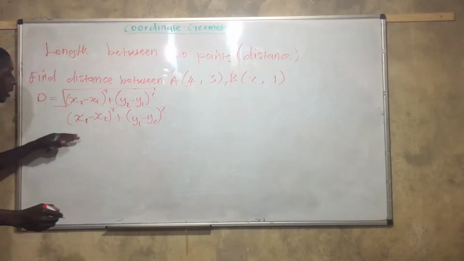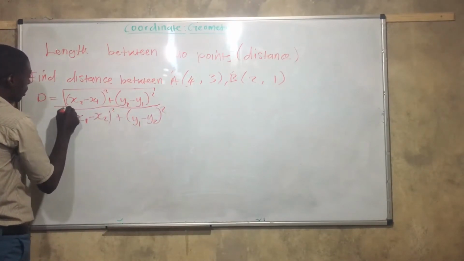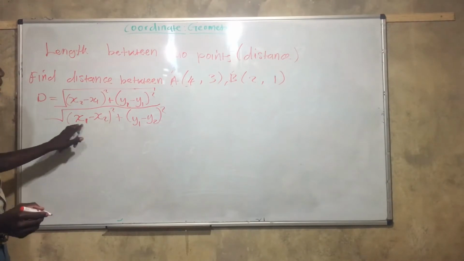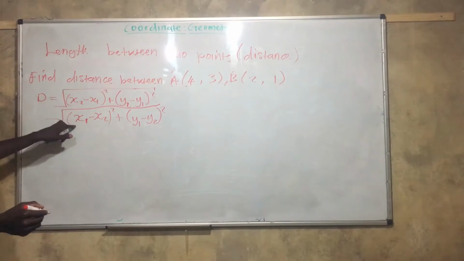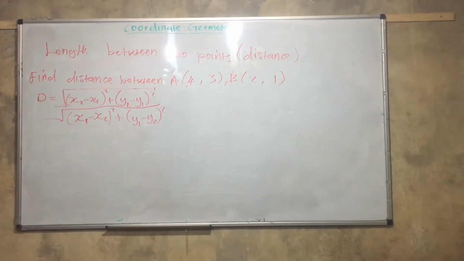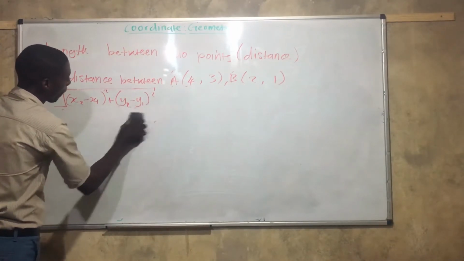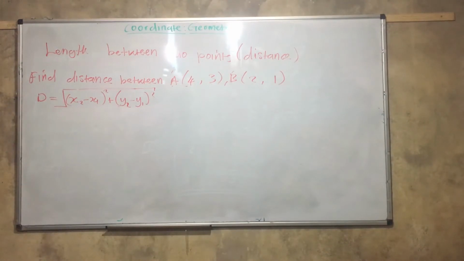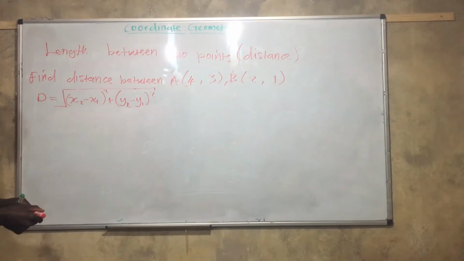You can use this as long as you put a square root there, because you are starting with the ones and ending with the 2s. So these two formulas are one and the same. We are going to use the one on top, which is d is equal to the square root of (x2 minus x1) squared plus (y2 minus y1) squared.